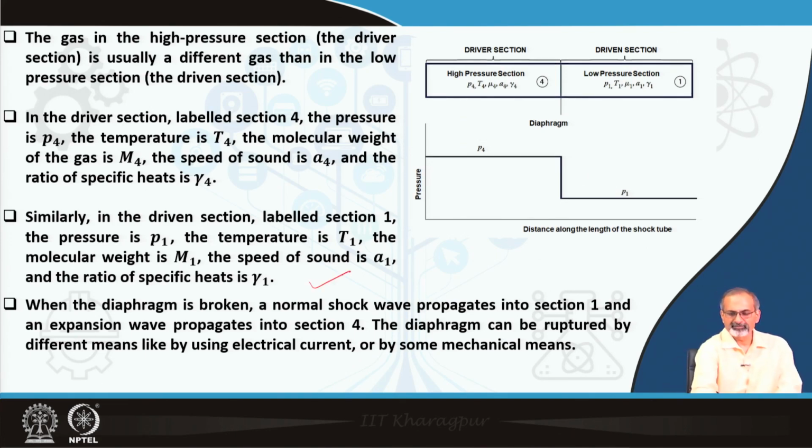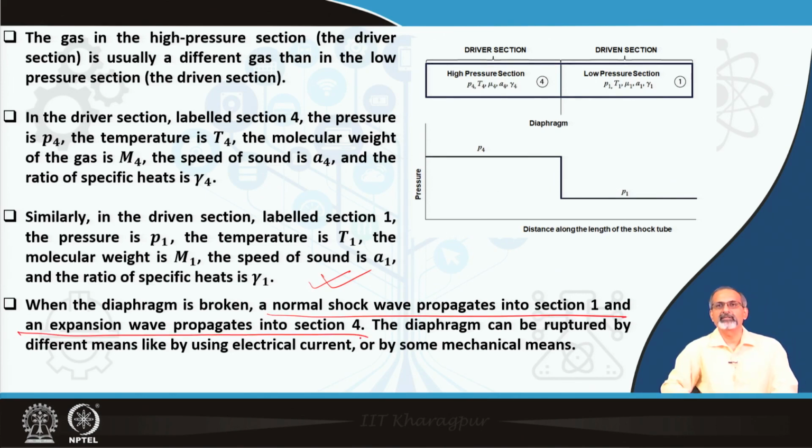Similarly, you have the subscript 1 conditions in the driven section. When the diaphragm ruptures, a normal shock wave propagates into section 1 and an expansion wave propagates into section 4. The diaphragm can be ruptured by different means, either by use of an electrical current or some mechanical means.